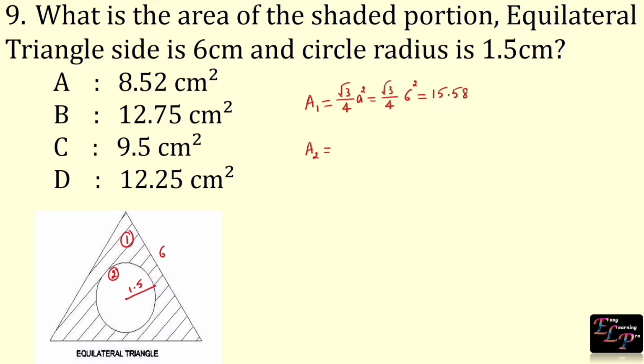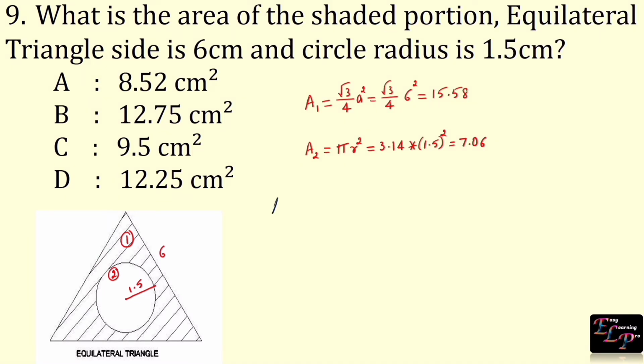Second shape is circle. Area of circle is given by pi r square. Value of pi is 3.14 into radius is 1.5. It is 7.06. Here we have to find shaded portion. That means we are removing circle from equilateral triangle.